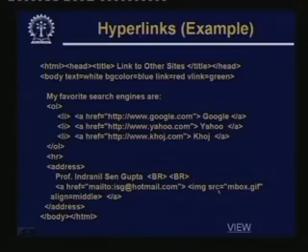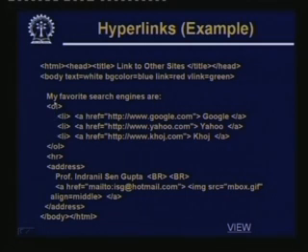Okay. Here we give a very simple example of a hyperlink. So, the beginning HTML and body are the standard things. Well, this is just an example which lists some of the search engines. As you can see, within the body, the first text displayed is "my favorite search engines are".